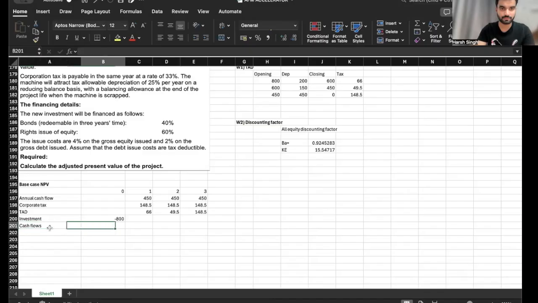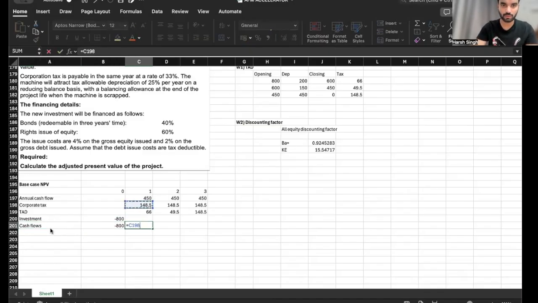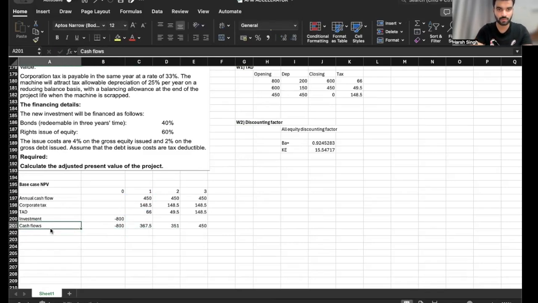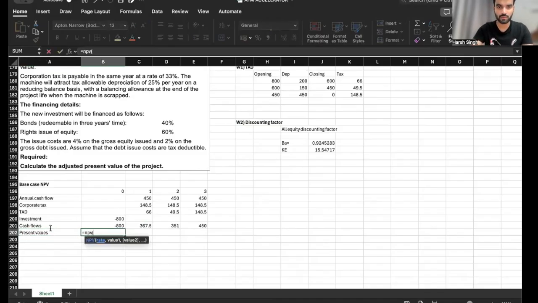Discounting factor. And discount present value at 16%, take the values.